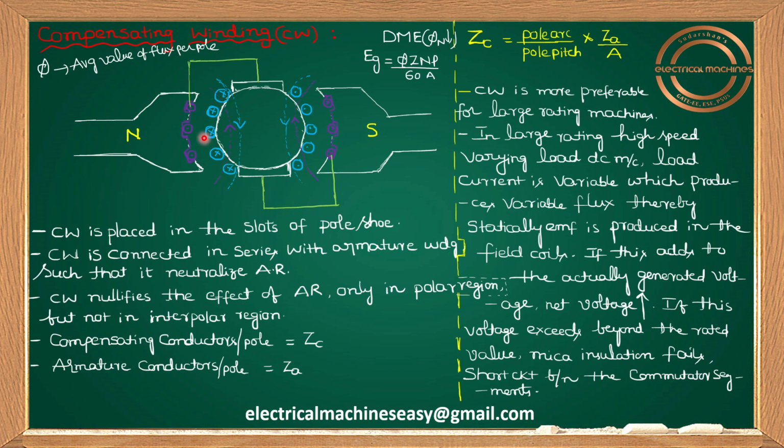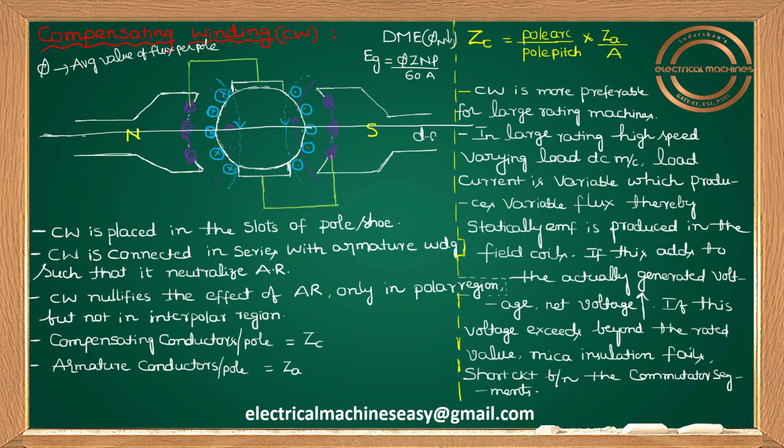Under the north pole, average value of flux per pole. Under the south pole, average value of flux per pole. That means the average value of flux per pole reduces here, along the d axis. Already you know the axis which is passing along the poles can be called the d axis, no?